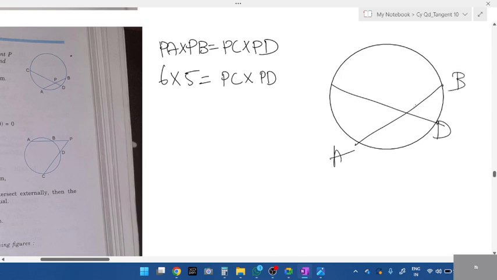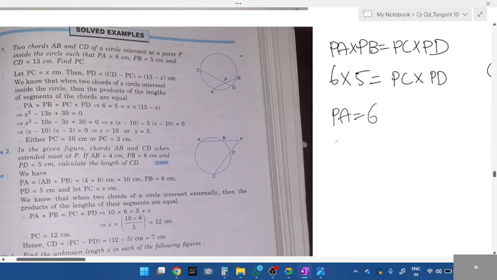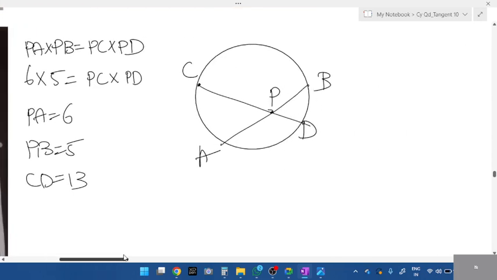This is the formula, students. And what are the values they have given us? PA is equal to 6, PB is equal to 5, CD is equal to 13. They have just twisted this question.